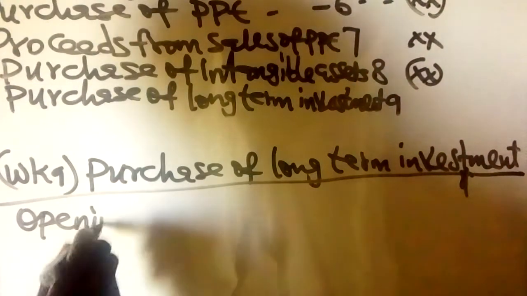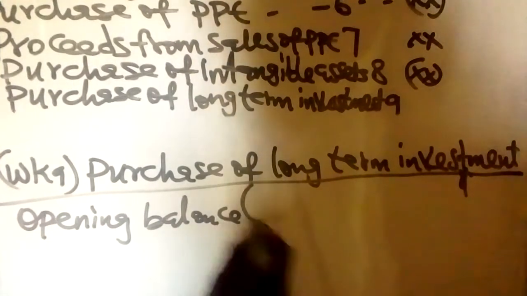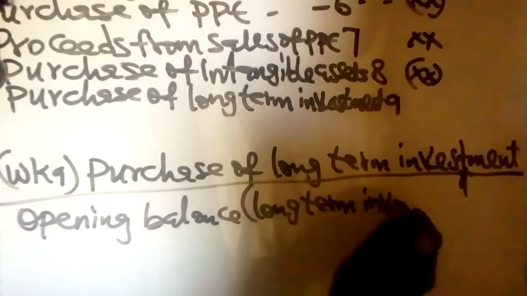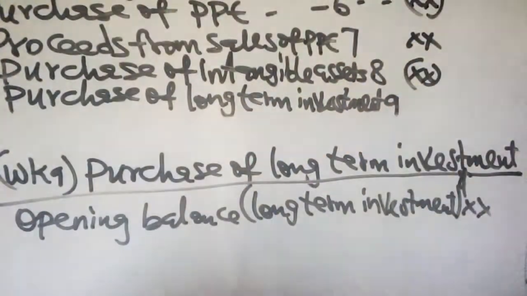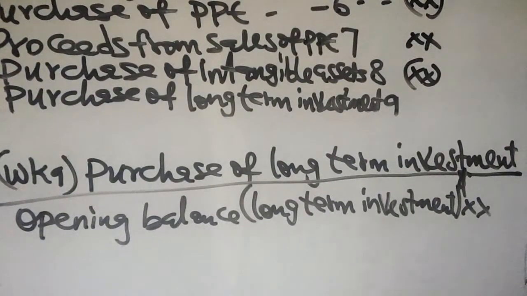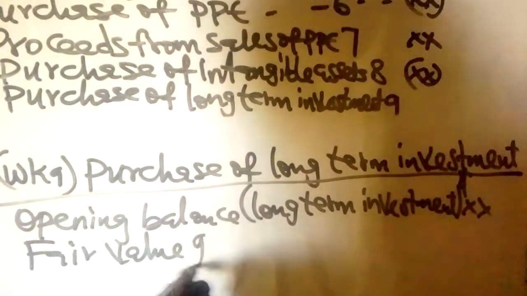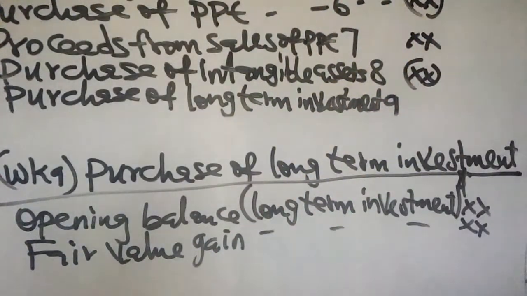So you start with the opening balance as usual. Opening balance, this will be found under non-current assets, that is of your long-term investment. After the opening balance, you may have the fair value gain, and you add it if it is a fair value gain.